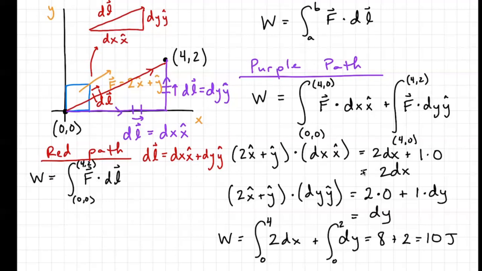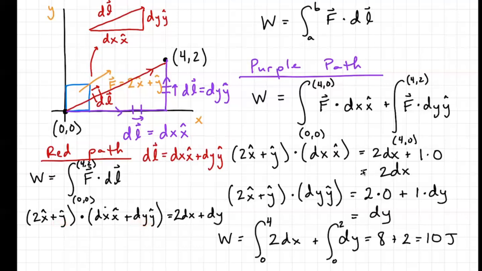So when we do F dot dL, 2x hat plus y hat is the force, dotted with dx x hat plus dy y hat. Well, I get the x component of the first vector times the x component of the second vector. That's 2dx, plus the y component of the first vector times the y component of the second vector. So that's dy. So my dot product now has a dx and a dy in it.